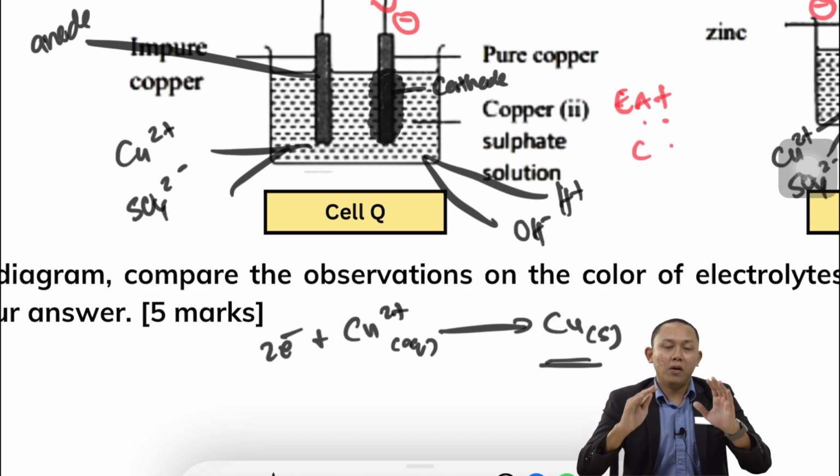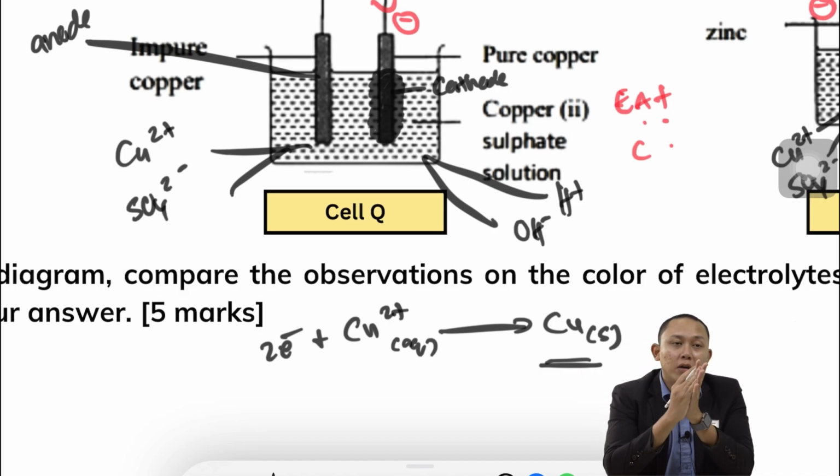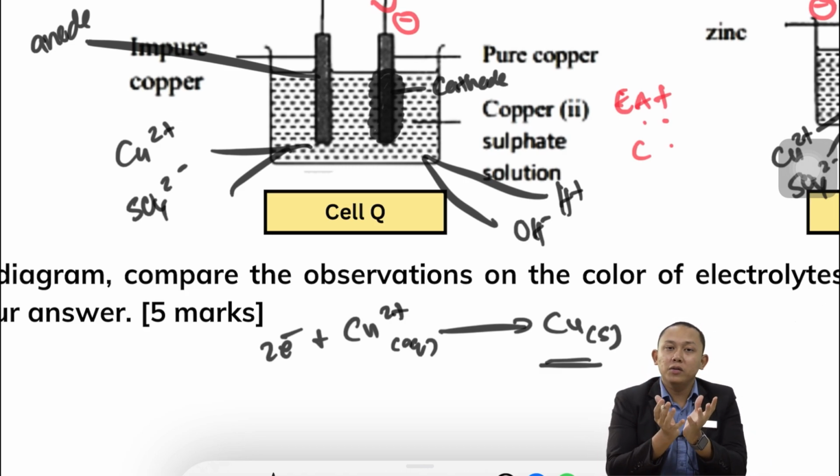Why? Because all the Cu2+ in the solution is going to be discharged to form copper atoms. Copper is a solid metal, so you can see the brown metal being deposited at the cathode. The size of the cathode is going to increase.